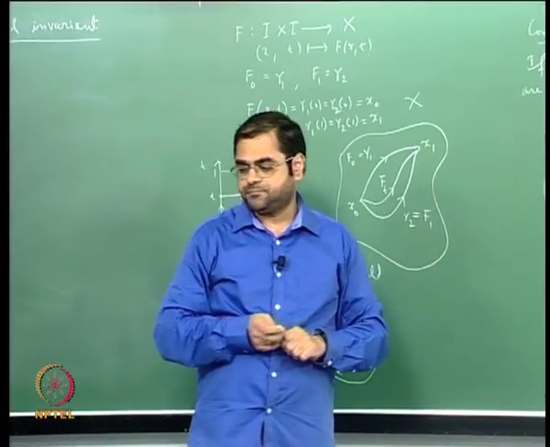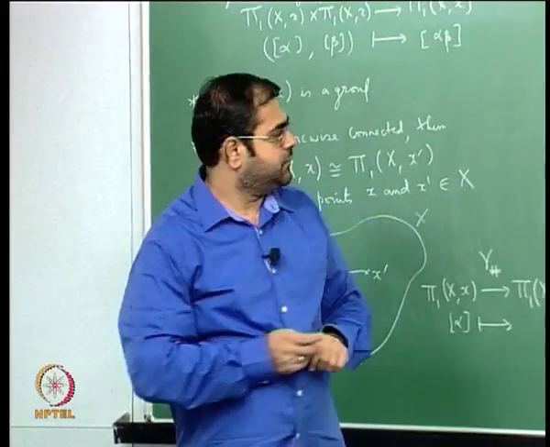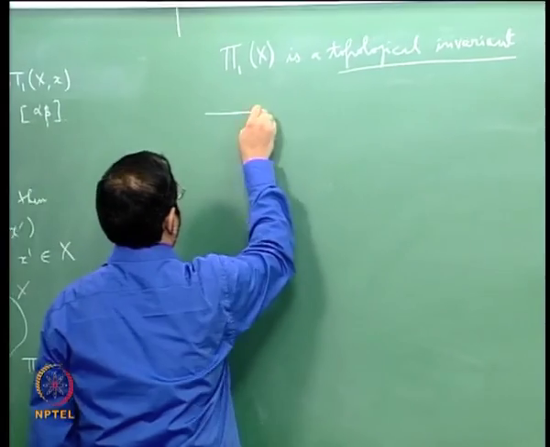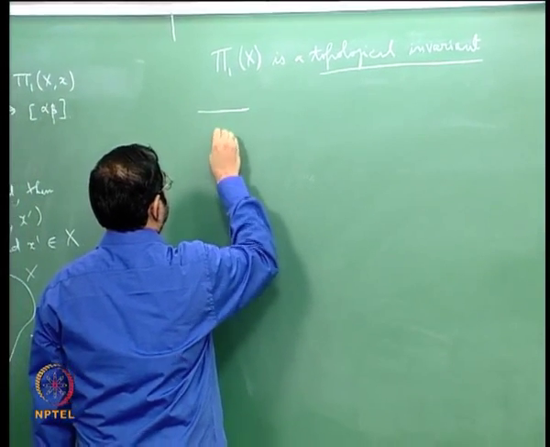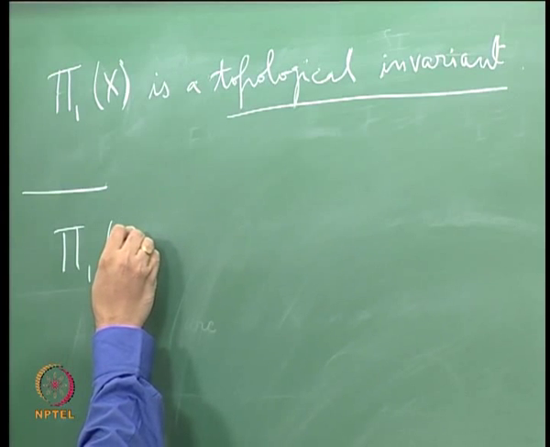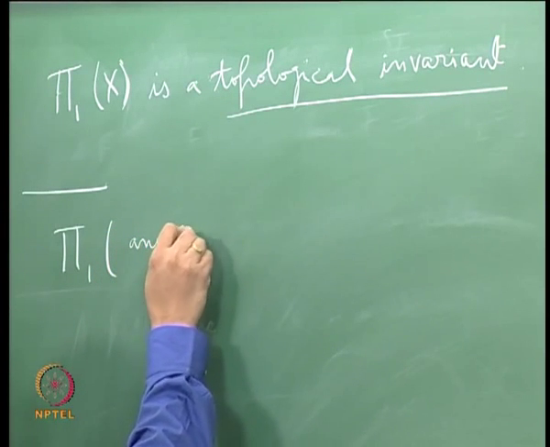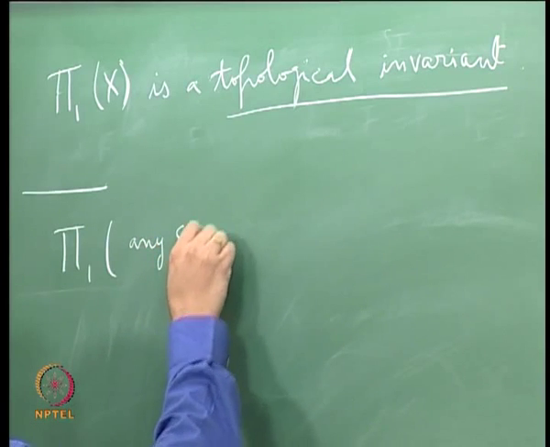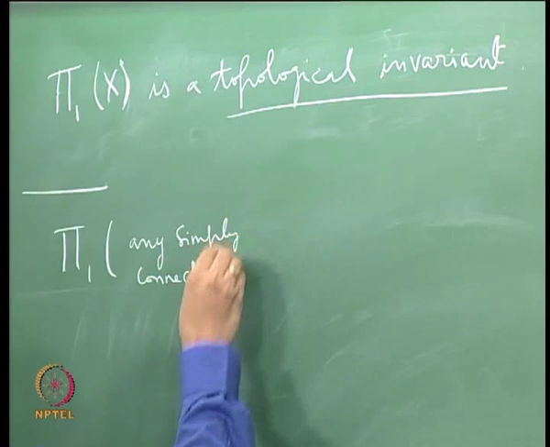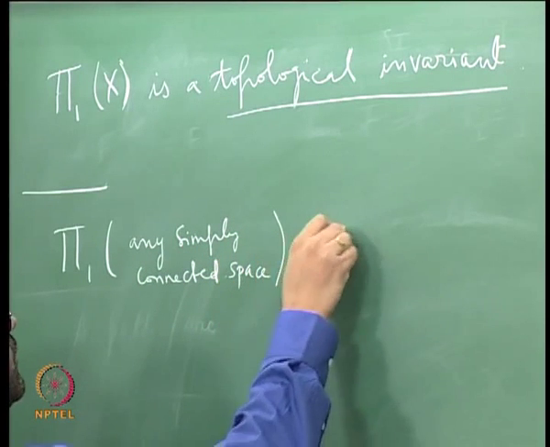Let me write down some simple cases. So pi1 of any simply connected space is 0.